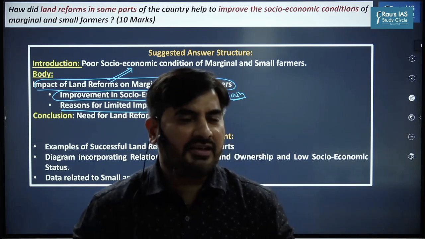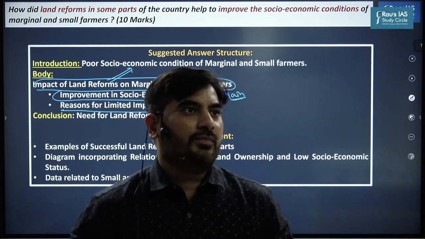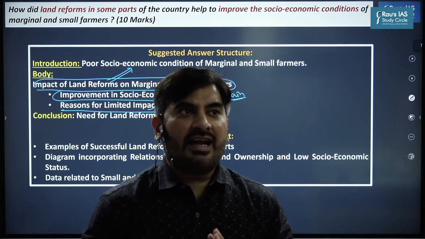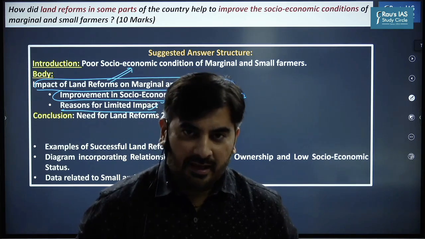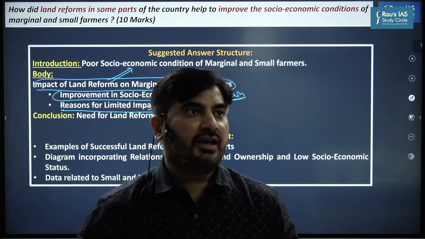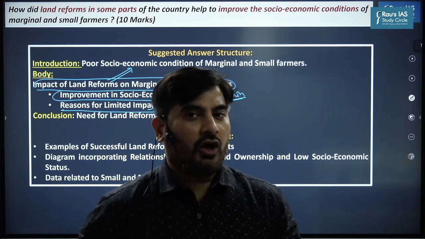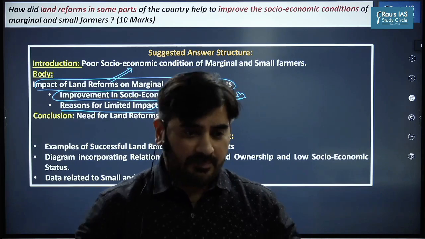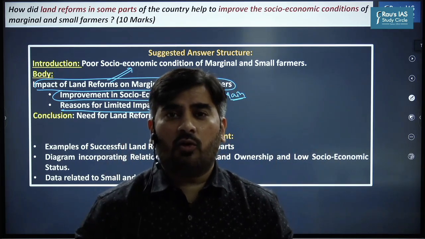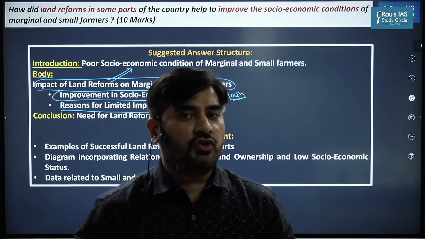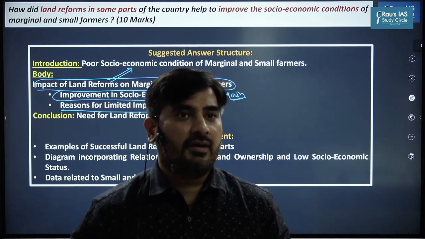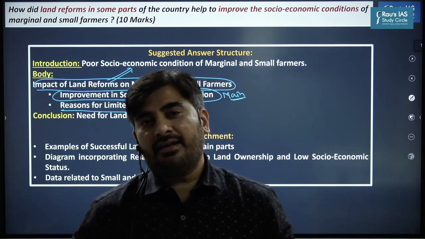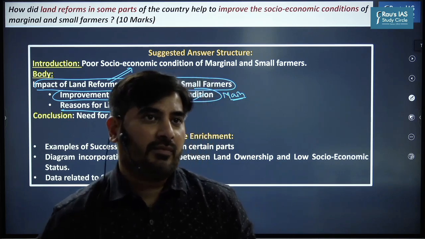How could you have enriched your answer? One example of successful land reforms in certain parts: Kerala, West Bengal, Operation Barga. You could incorporate the diagram which I had shown you about the vicious cycle of land ownership and poor socio-economic status of small and marginal farmers, and data related to small and marginal farmers in India.